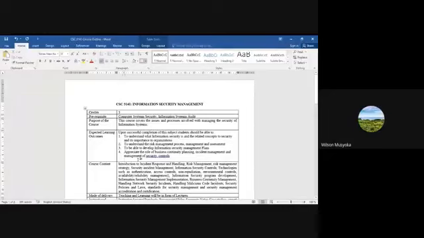So the purpose of this course is to enable the student to understand why we need information systems security. Security is an integral part of information systems, because once we have these information systems working, at the present day we are working especially with internet services or with connectivity.